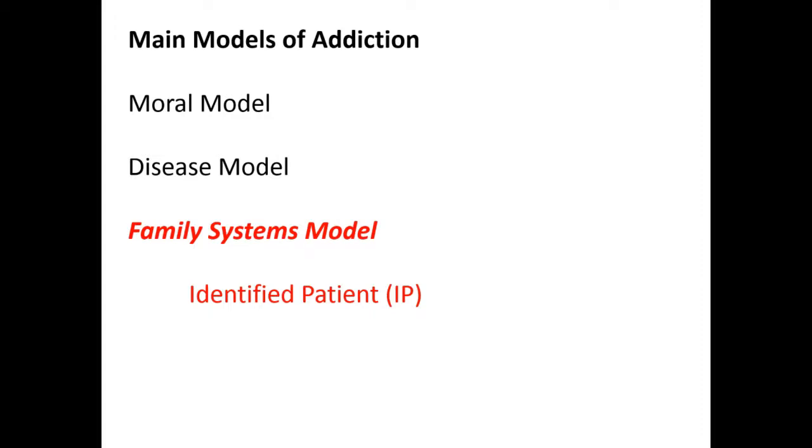From the disease model, we understand that choice gets impaired because of changes that occur in the brain and how the brain structure gets altered during the course of substance use. From that perspective, it's not just that someone is immoral or can't make good decisions or can't pull themselves up by their bootstraps and make their life go the way they want it to go.